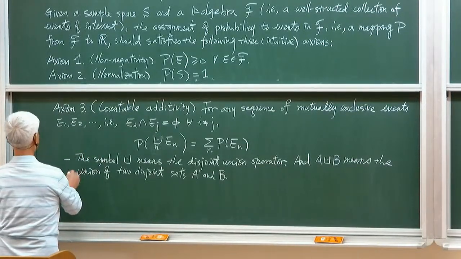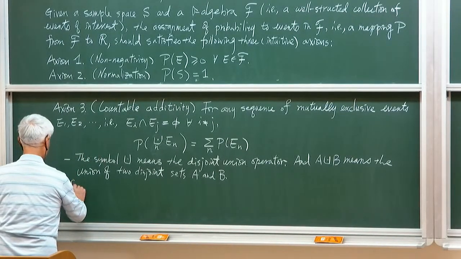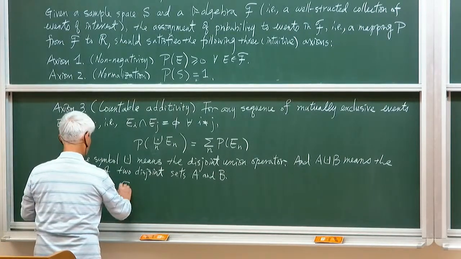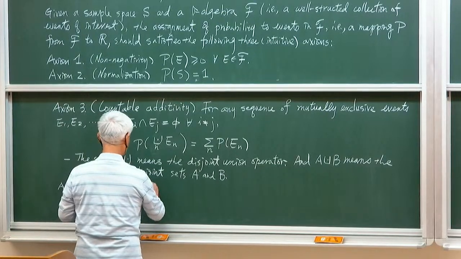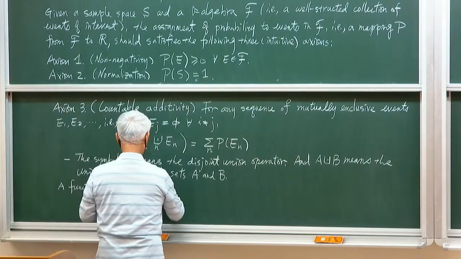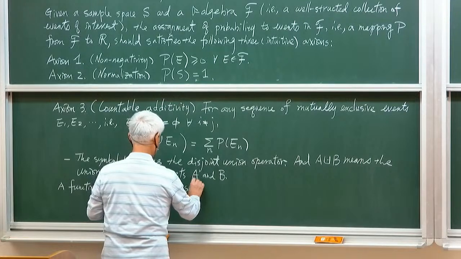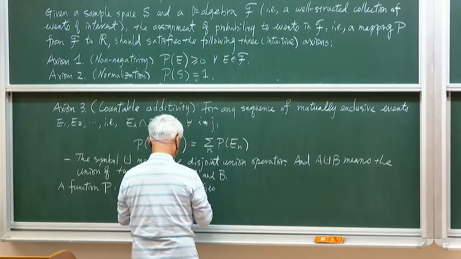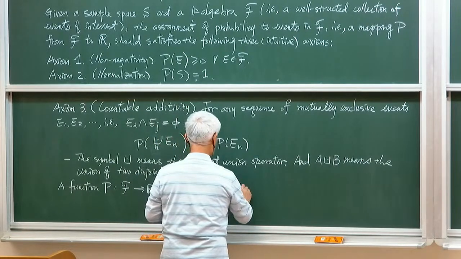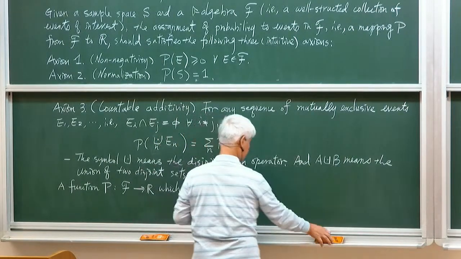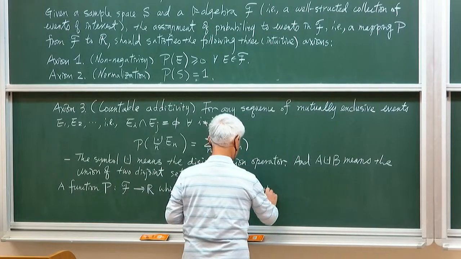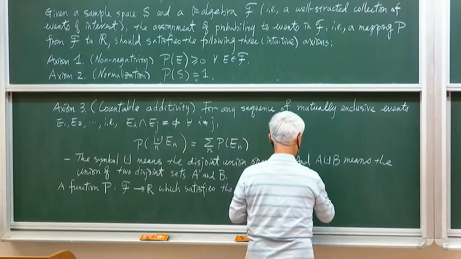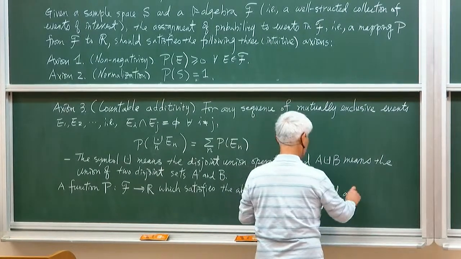And now a function P from the sigma algebra to R, which satisfies the above three axioms, is called a probability function.